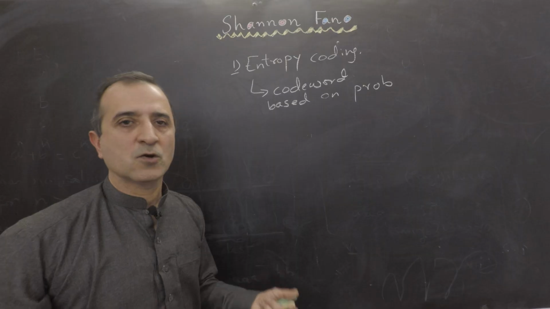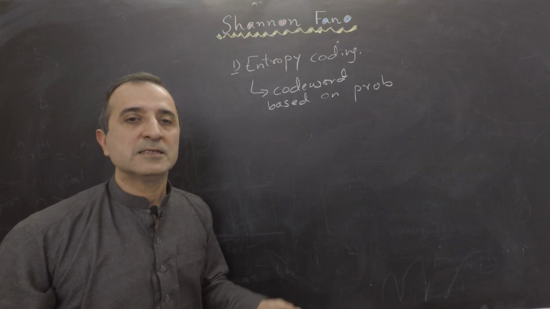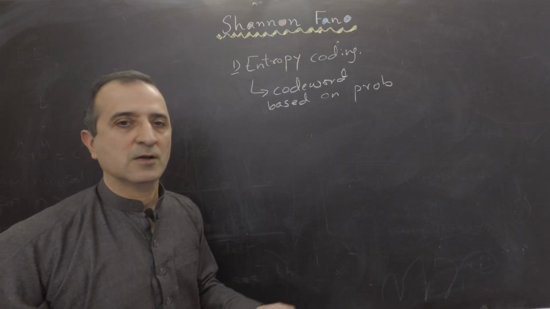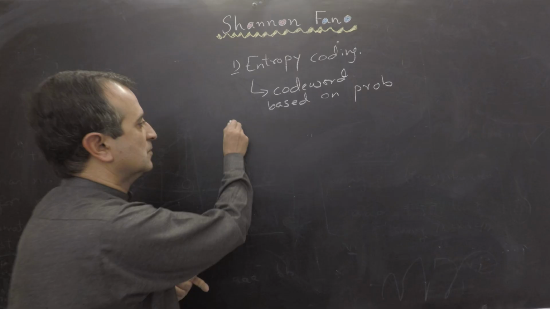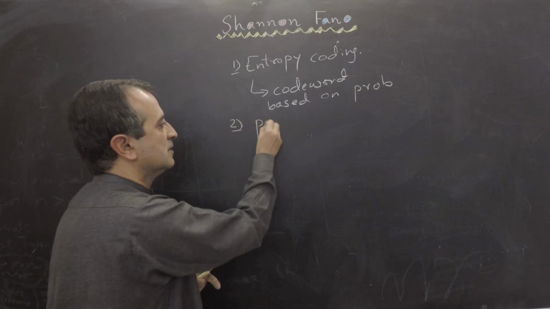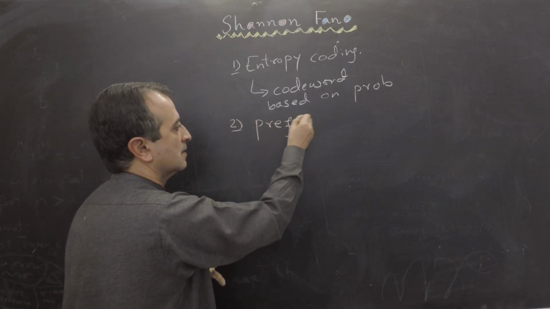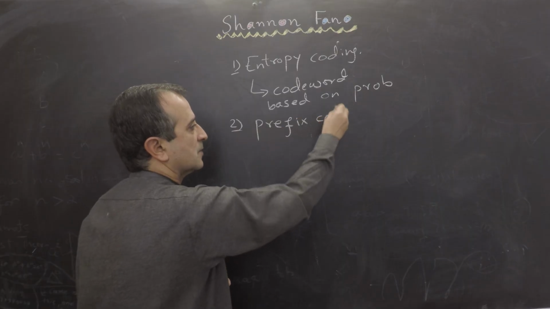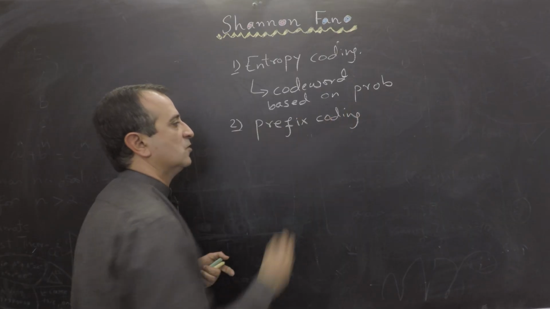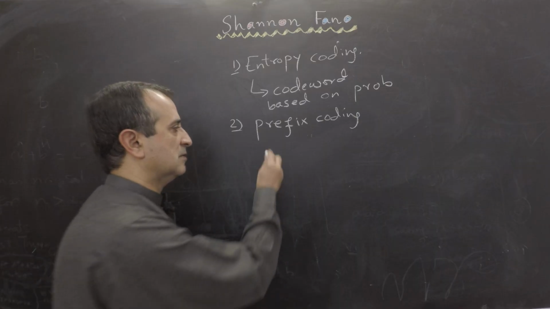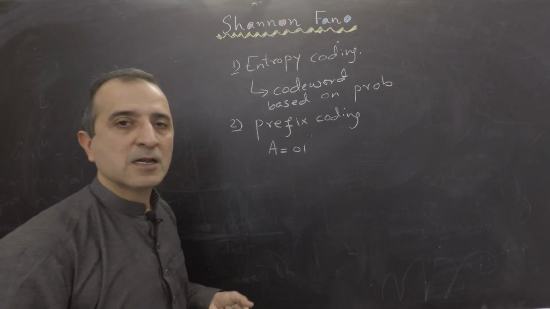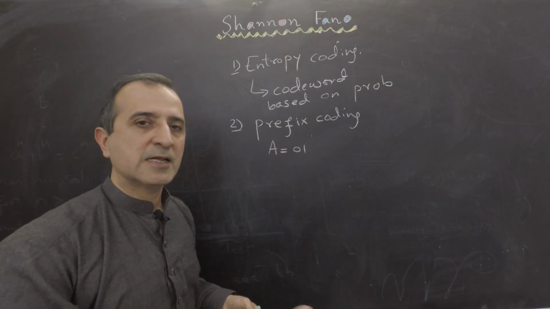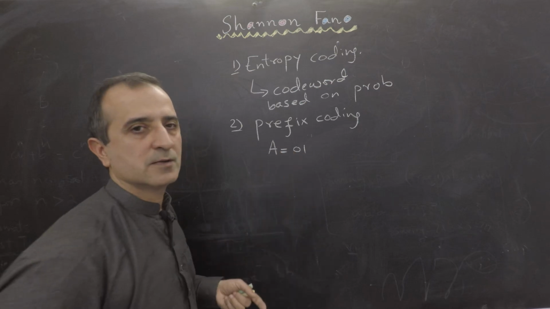Just like Shannon coding, Shannon-Fano coding is also a prefix coding. Also, Huffman coding is a prefix coding. What we mean by a prefix coding is that, for example, if symbol A has code word 0, 1, then no other code word for any other symbol can start with 0, 1.